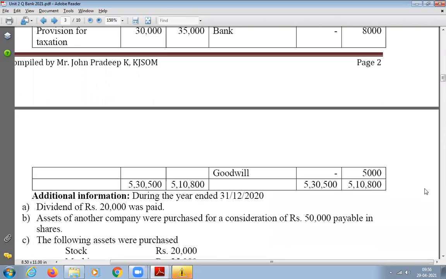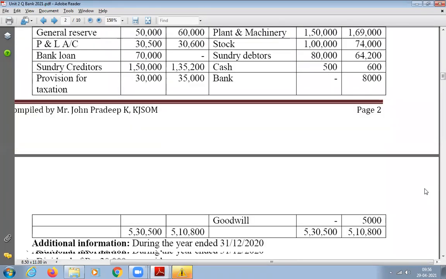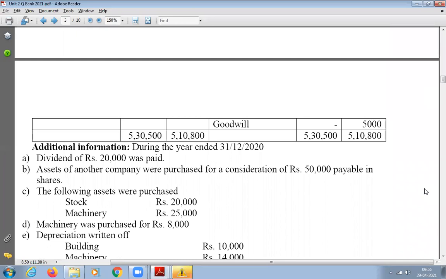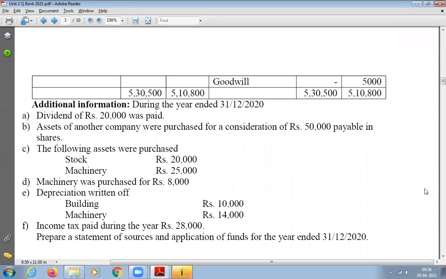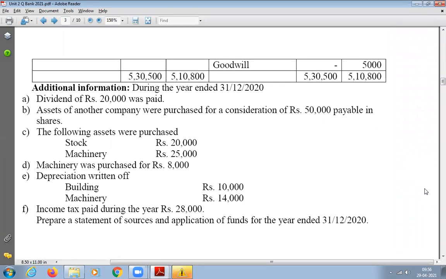Assets, land and building 2 lakh and 1,90,000. Plant and machinery 1,50,000 and 1,69,000. Stock is 1 lakh and 74,000. Sundry debtors is 80,000 and 64,200. Cash is 500 and 600. Bank is 8,000 for current. Goodwill is only for current year, that is 5,000. Total for liabilities is 5,30,500 and 5,10,800.